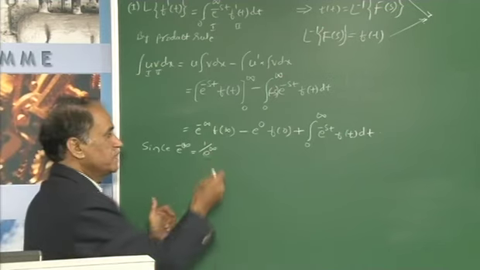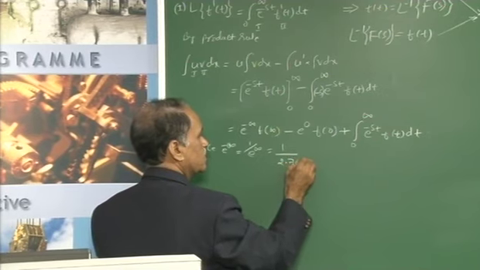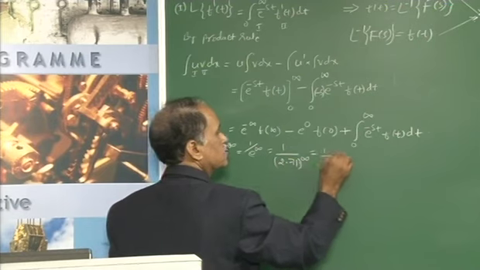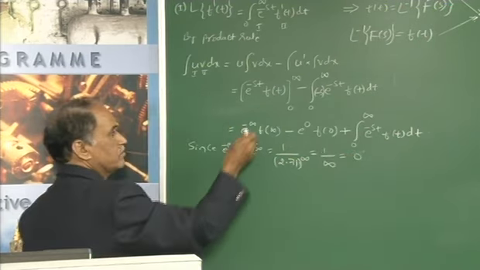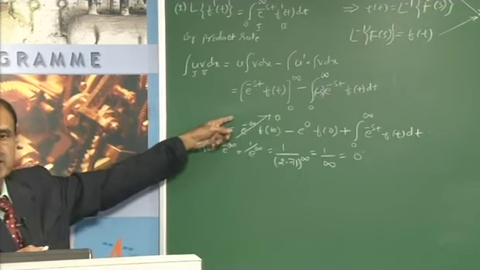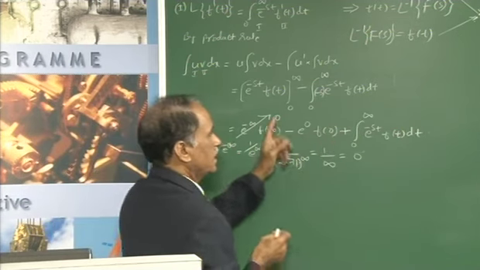So, 1 divided by e to the power infinity is equal to 1 divided by 2.718 whole to the power infinity. This is 1 by infinity and the answer is 0. Therefore, the first term gives us 0 because e to the power minus infinity is 0, and finally we are left with the second term and third term.